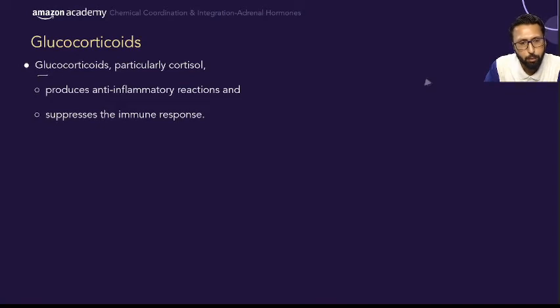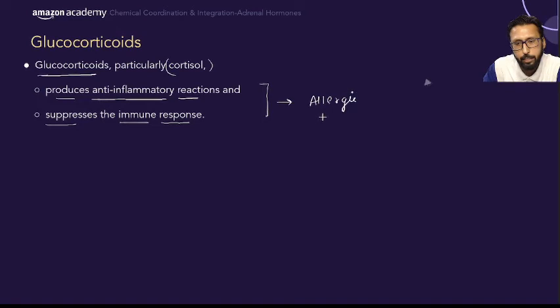Now glucocorticoids, particularly cortisol, the most important glucocorticoid, produce an anti-inflammatory reaction. How? They cause inhibitory effects on inflammatory cells like lymphocytes. So they produce anti-inflammatory reactions and suppress the immune responses. That is the reason they are given in allergic conditions, like sometimes we have a cold in the summer, known as allergic cold.